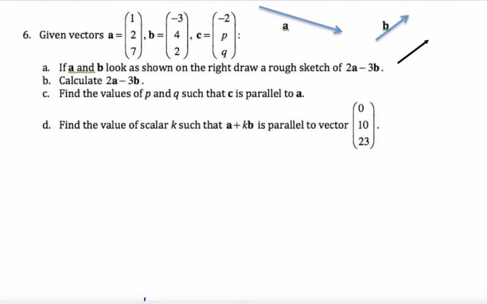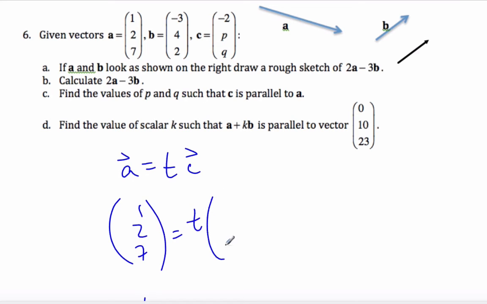So if I'm going to do the next step, p and q, they are parallel. So if they are parallel, that means a is equal to t times c. And so what I can say is (1, 2, 7) is equal to t(-2, p, q).